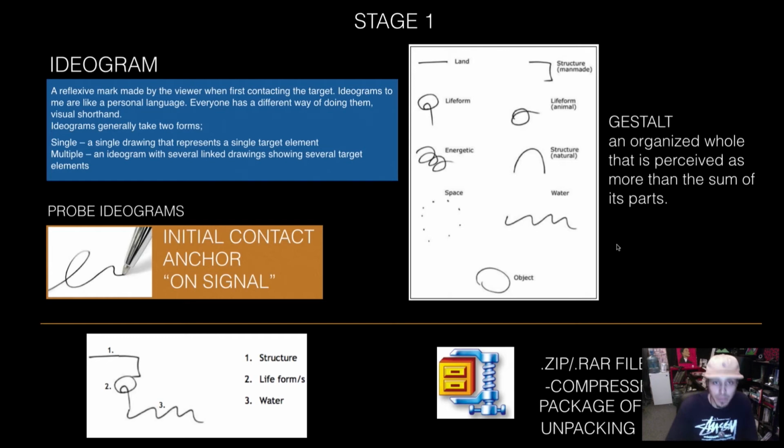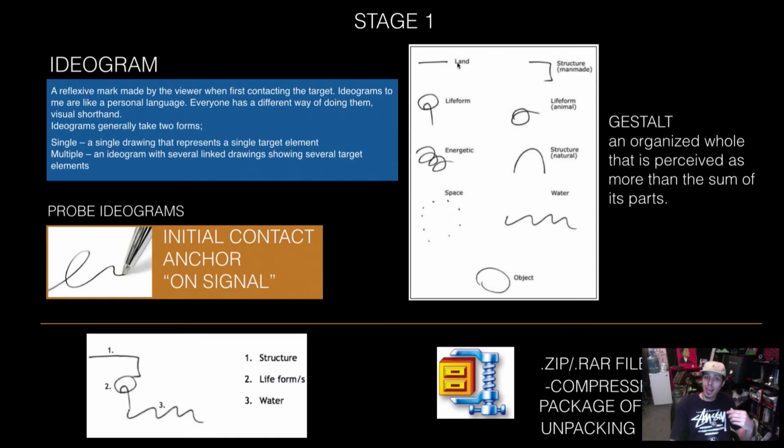Well, it's through an ideogram, and this happens in stage one. There are different schools of thought on ideograms. Some people say every ideogram should be unique, that they should never look the same, and you shouldn't look for any pattern in them. Another school of thought drills ideograms into your subconscious language, so to speak.